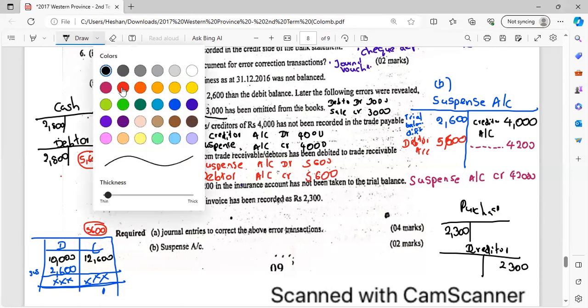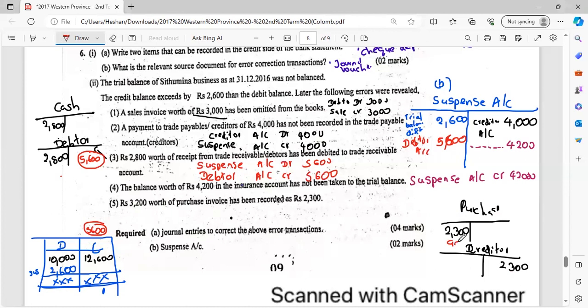900 is lower. So we need to add 900 to purchase account. And we need to add 900 to creditor account. So what is the double entry? Purchase account debit 900.